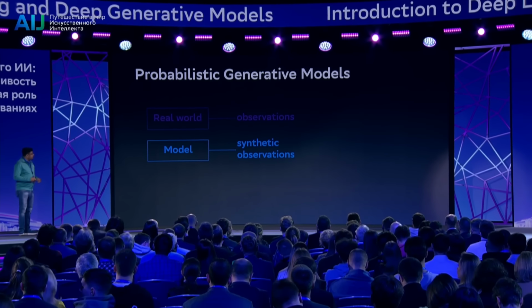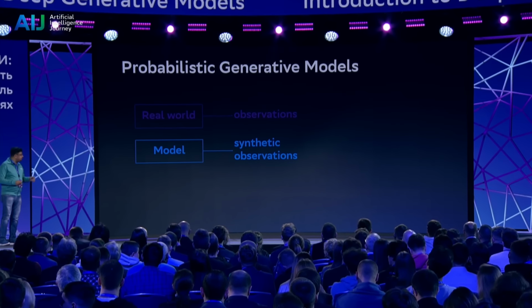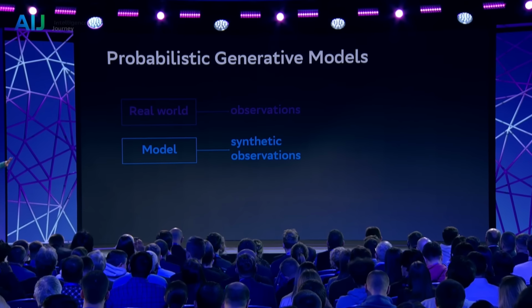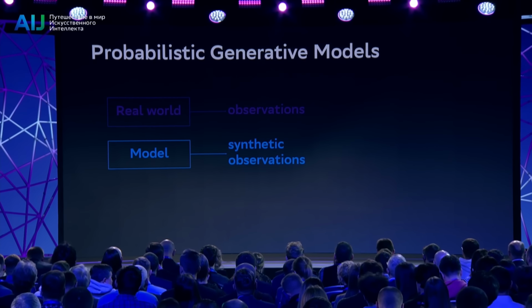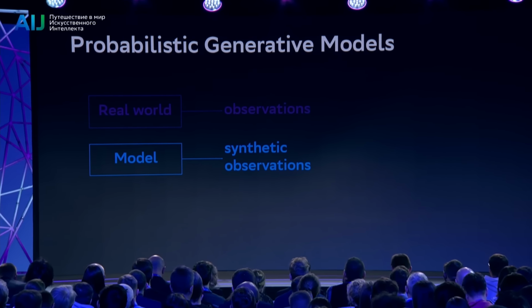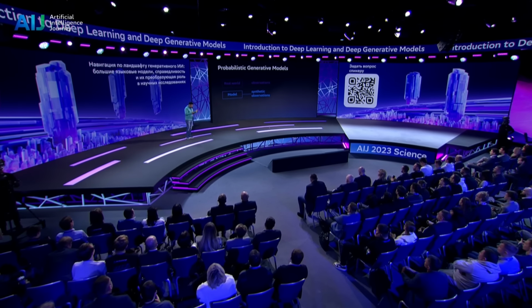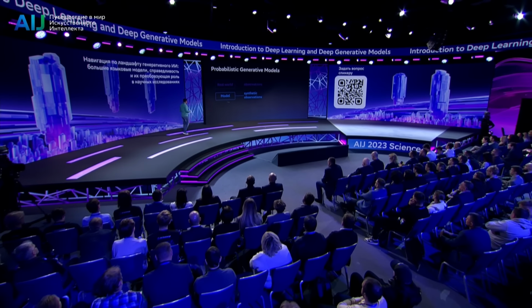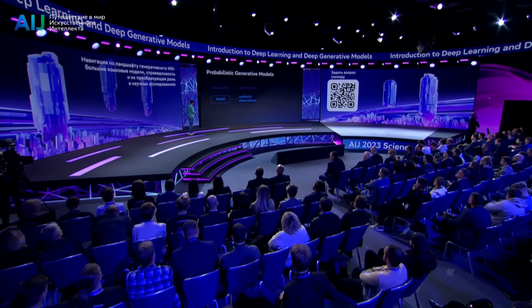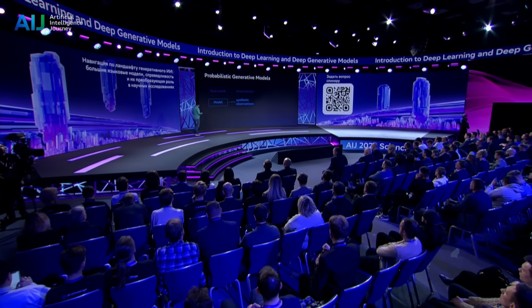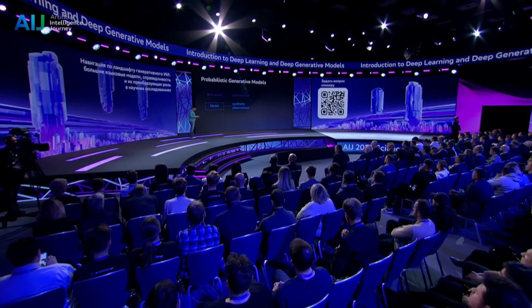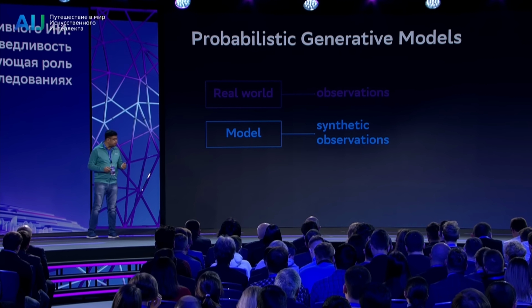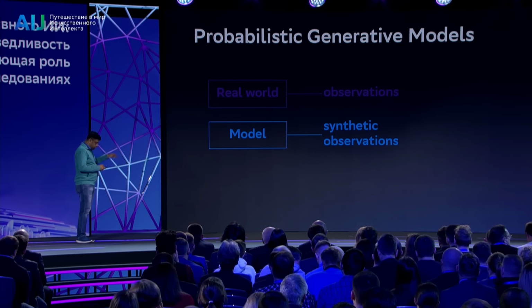Now, coming to probabilistic generative models, we have the real world ahead of us, from where we get real data objects, which could be photographs of our faces or something else. And the neural network model should give us synthetic observations. It could create artificial photos, artificial text, artificial data, etc. These two should match.